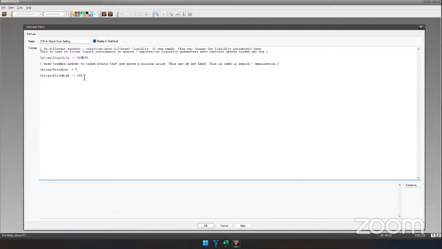Currently, it is set to $5 to $105. So low price stocks will be defined as below $5, mid price 5 to 105, high price above 105. You may change these parameters up to your liking only once and keep it there. These are the only parameters and they are global parameters.